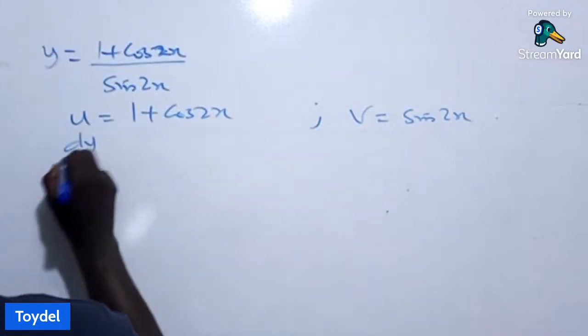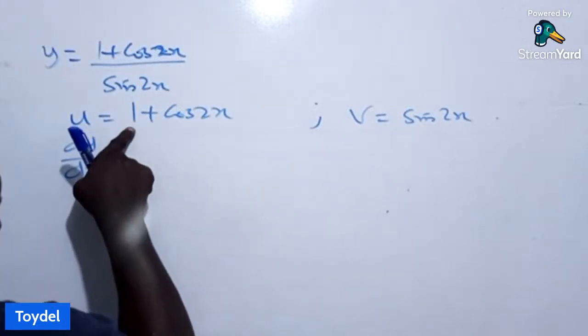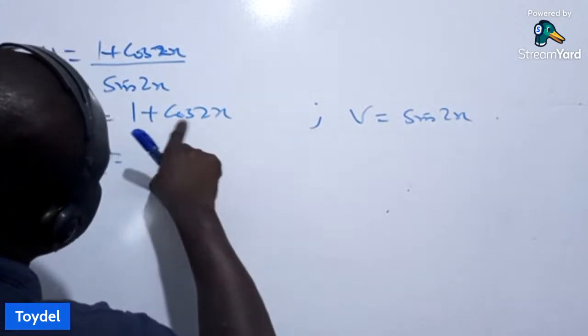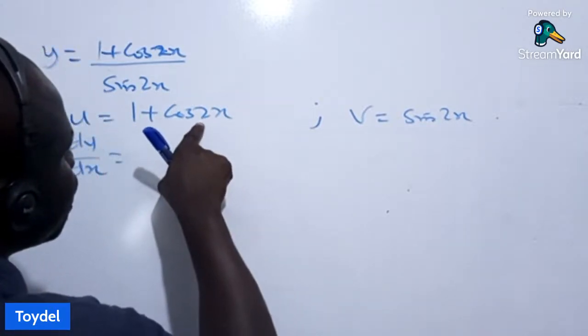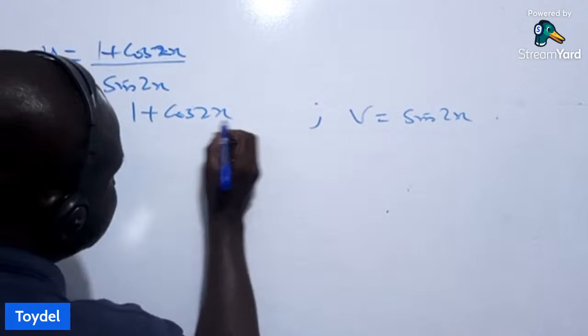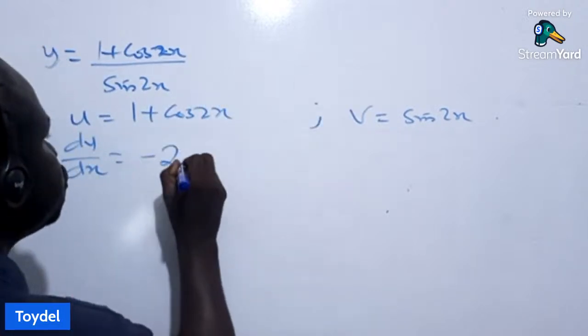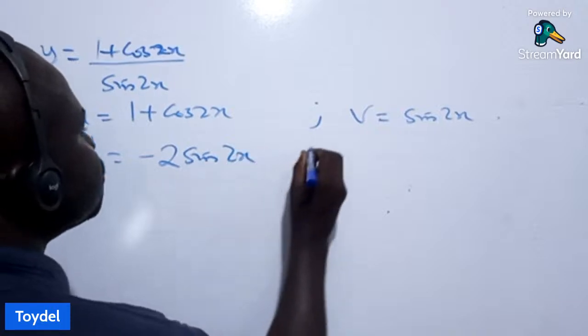Of course, du/dx: when we differentiate a constant, it is 0. The derivative of a constant is 0. So when we have cos 2x, we differentiate the 2x, which will give us 2. Then the derivative of cos is minus sin, so I'm going to get minus 2 sin 2x straight away.